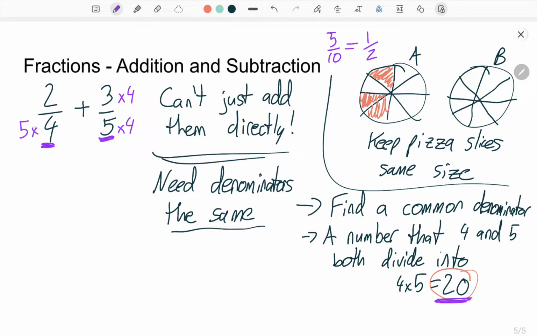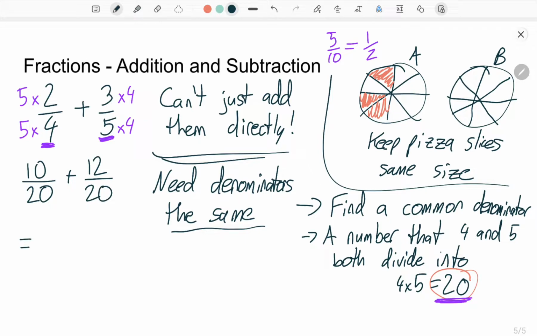Well, you need to multiply it by 5. So multiply both the top and the bottom by that number. And then let's do that conversion. So the first fraction, 5 times 2 is 10, and 5 times 4 is 20. That's intentionally set up. And the second fraction, 3 times 4 is 12, and that'll also be over 20.